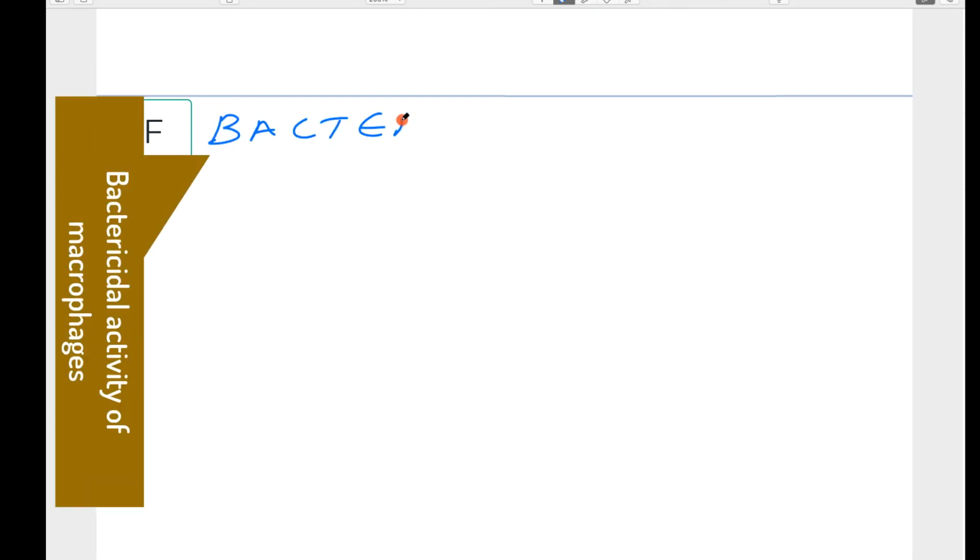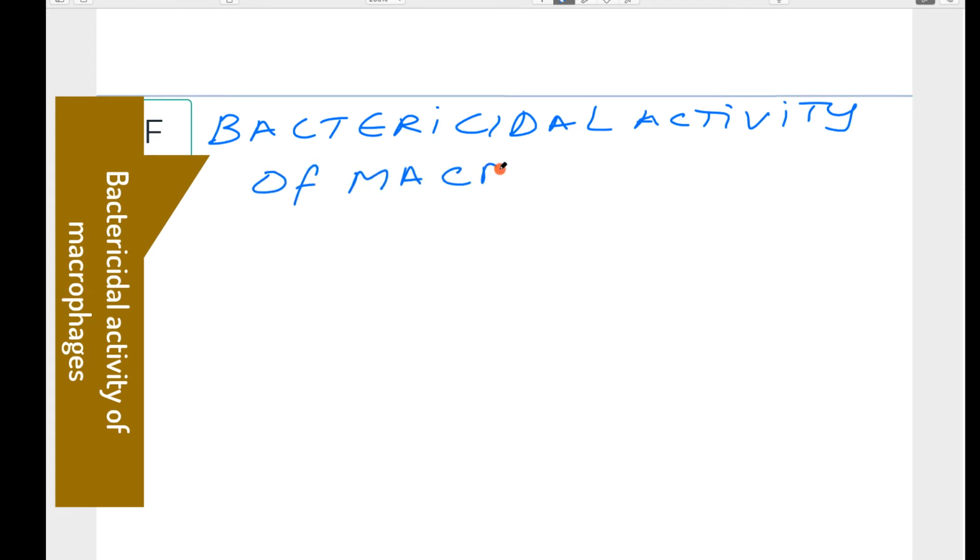Then the last one, not the least, is bactericidal activity. We talk about activity in reference to macrophages. Here, what happens?